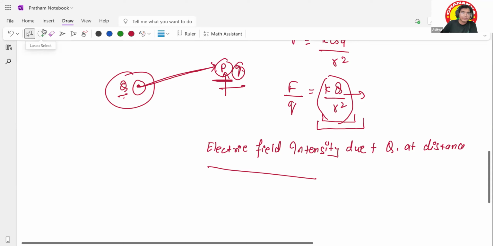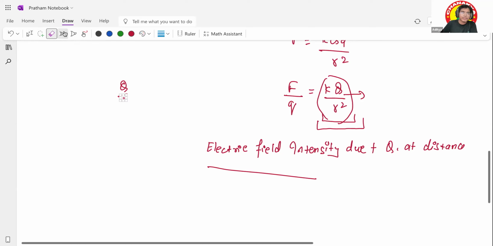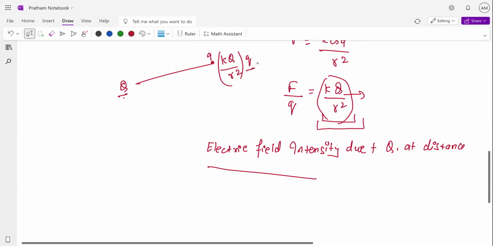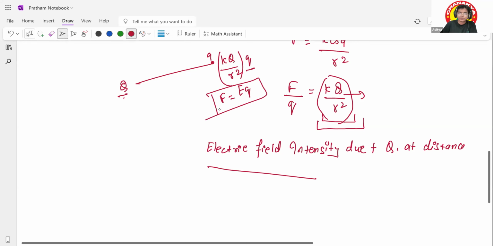If I remove this from the picture, and if I ask you what is the power of this at some point, you can directly say it is nothing but kq by r square. Meaning, if any other charge comes to this place, the force provided by this will be nothing but this multiplied by q. It is nothing but E. So your force formula becomes E into Q. Basically, right now I'm calculating force on this particle.